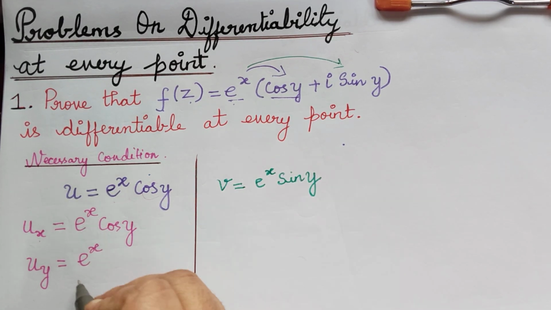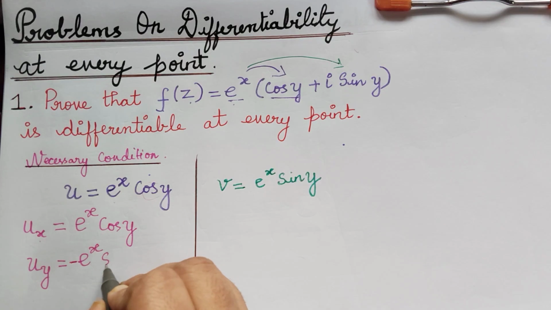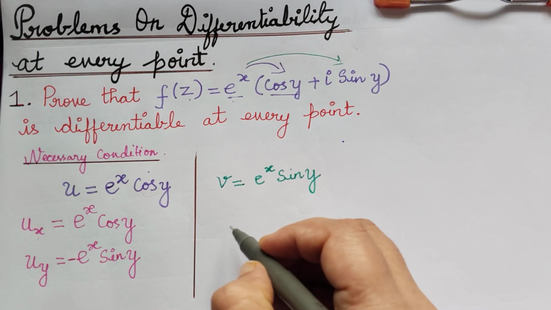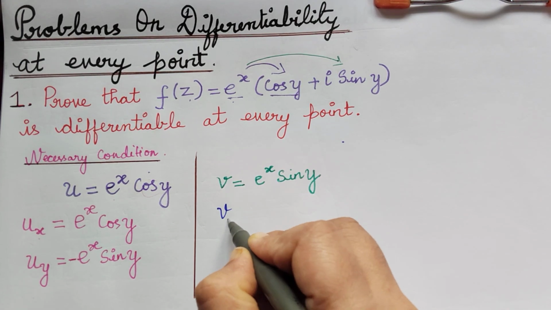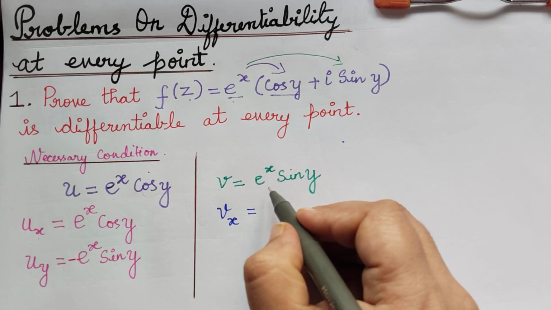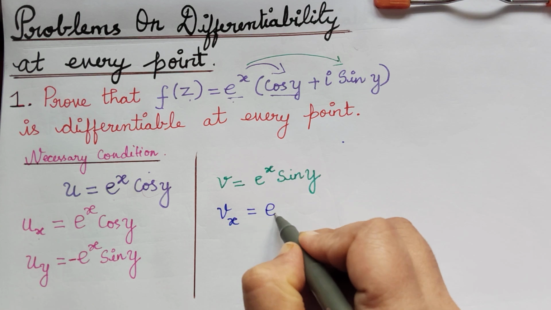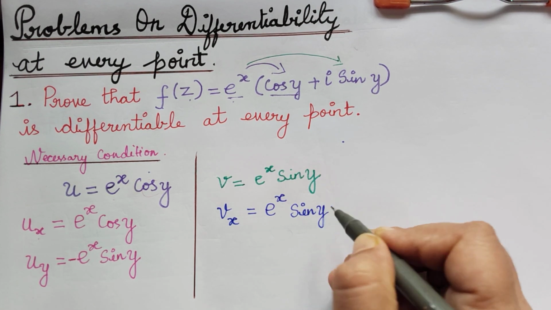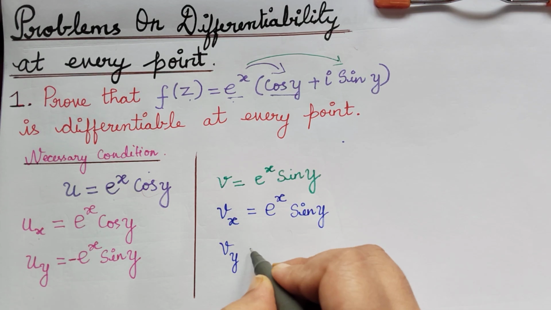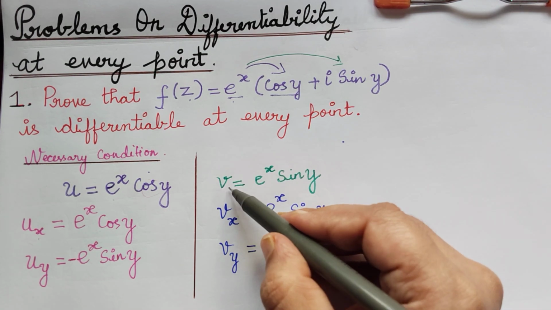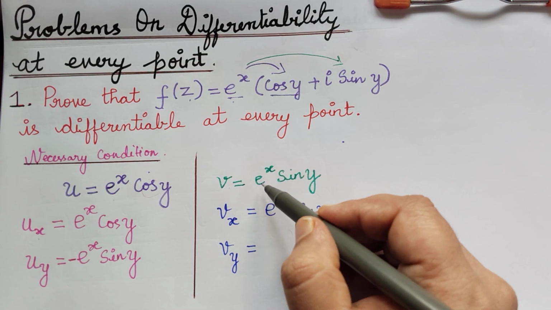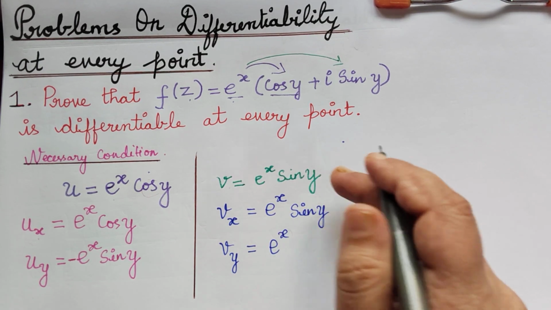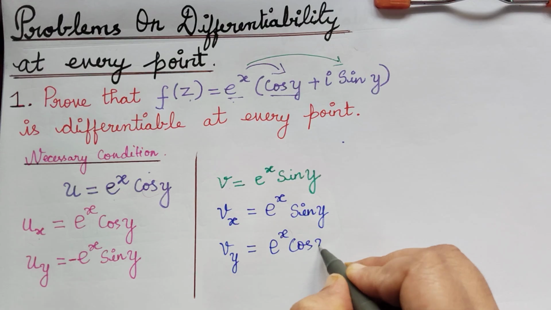The differentiation of cos y is minus sin y. So uy is minus e power x sin y. We have v here now. We have to find vx. That is e power x. Differentiation of e power x is e power x only, and sin y will be treated as constant. Next we have to find vy. To differentiate v partially with respect to y, x will be treated as constant and therefore e power x remains as it is. Differentiation of sin y is cos y.